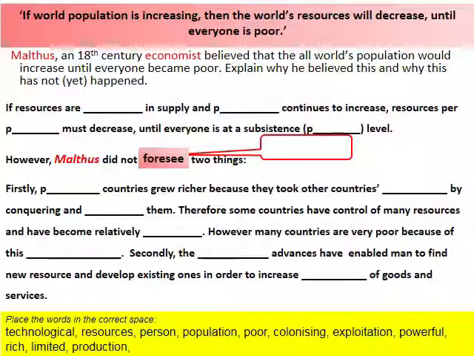When he was looking at this two centuries ago, he could see that the increasing population would begin to increase faster and faster, increase progressively. And so when he looked into the future, this is exactly what he thought. He believed that by now everyone would be poor.